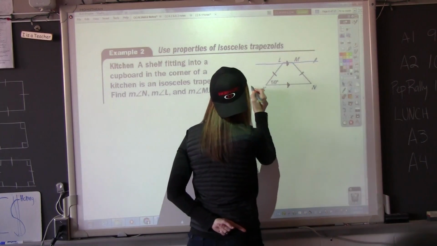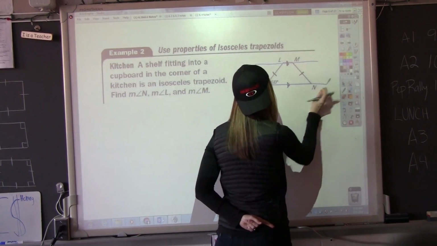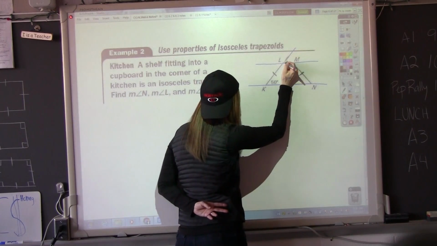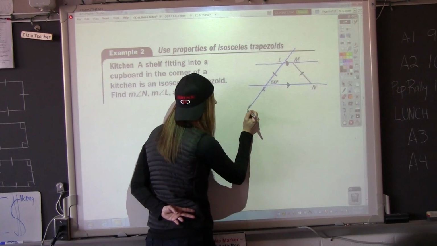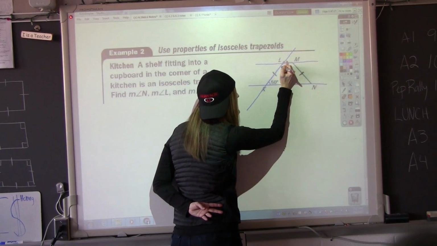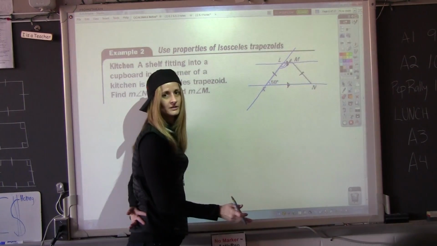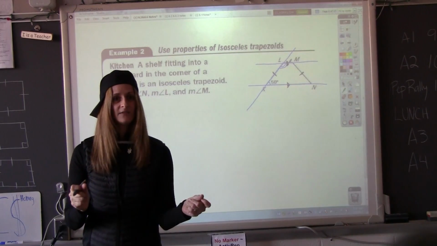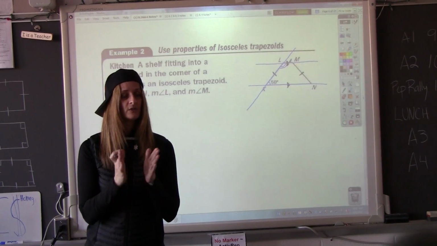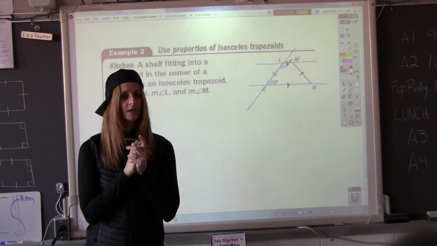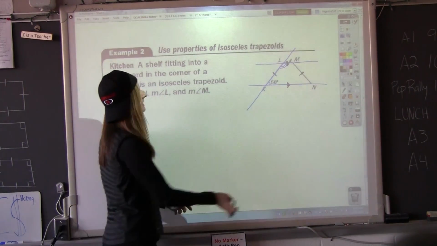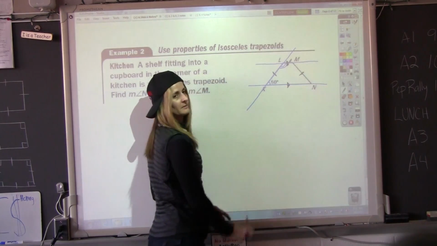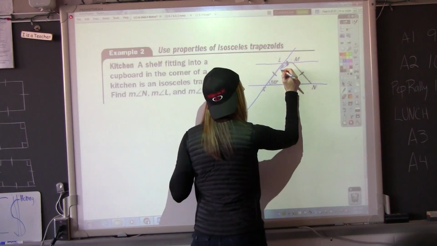I'm going to extend these out so you can see this. Think of this line here as your transversal. What are those kind of angles called? Consecutive interior. Consecutive interior angles are what when the lines are parallel? Supplementary. So if the measure of this angle is 50 degrees, what does the measure of this angle have to be? 130. Done.